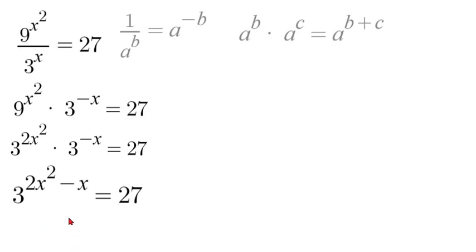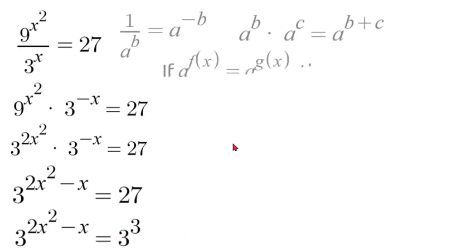Now that we have simplified the left side of this equation, let's rewrite 27 so that it has a base of 3. And 27 can be rewritten as 3 cubed. Now something we can recognize here is that since our bases are equal, we can set our exponents equal to each other.